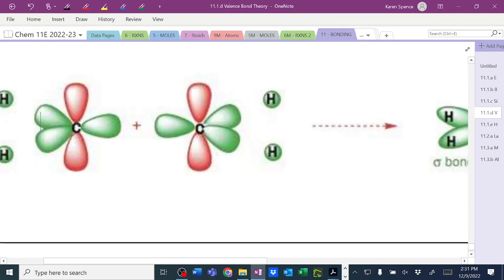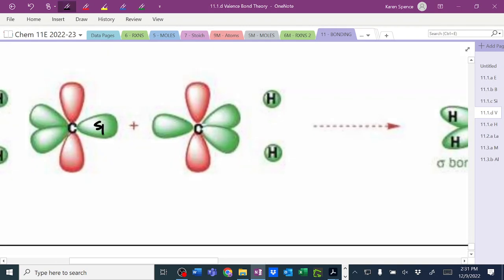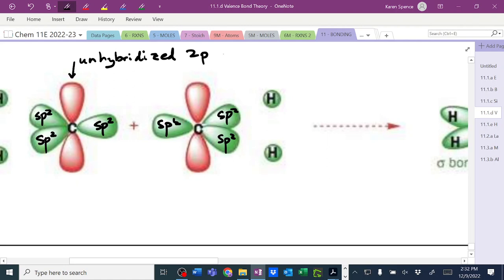It should be sp2. So this is sp2. That's our first one, sp2, sp2. This one, sp2, sp2, sp2. But we also have unhybridized p orbitals.